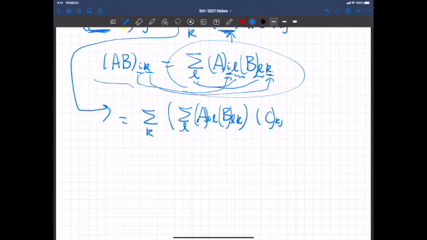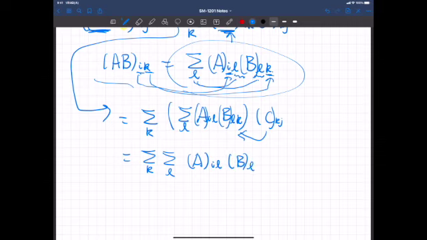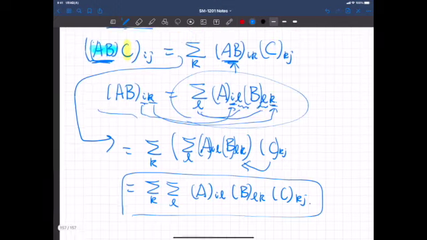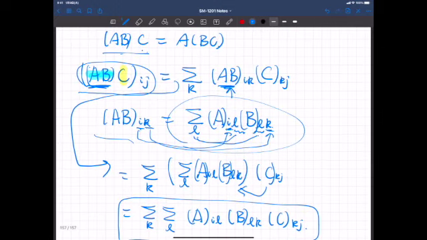But we can apply the distributive law of real numbers. So this becomes the summation over k, summation over l, of a_il, b_lk, and c_kj. So this is the result of this multiplication.